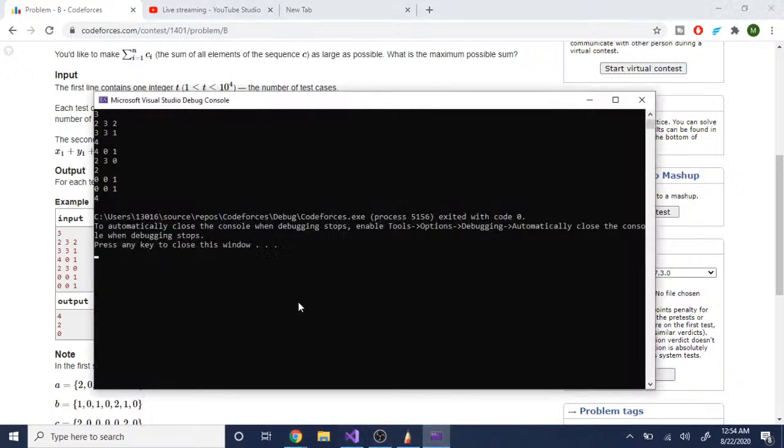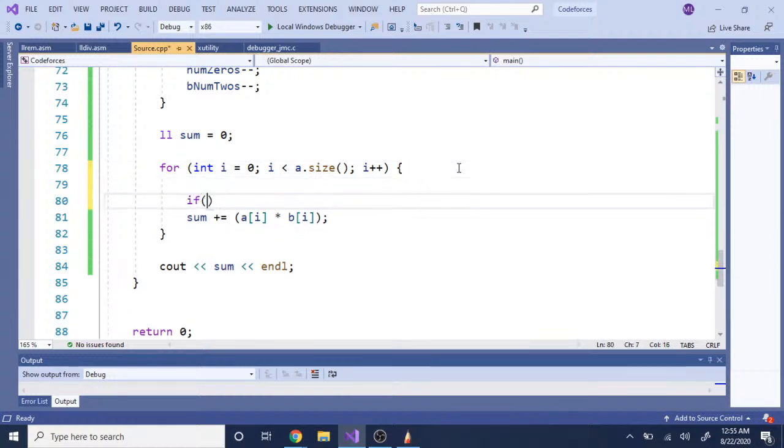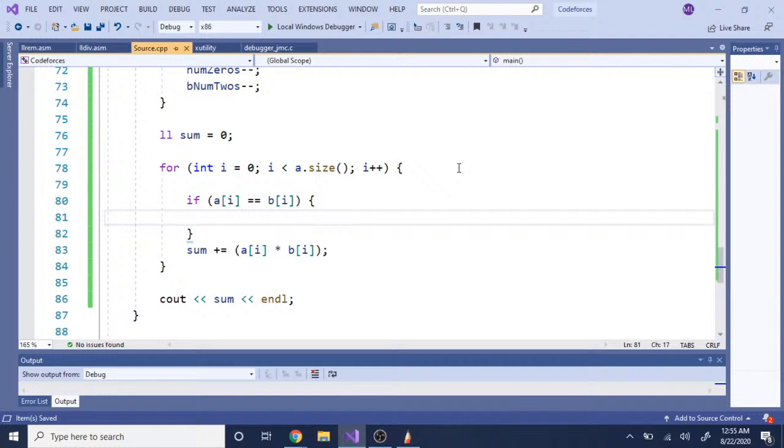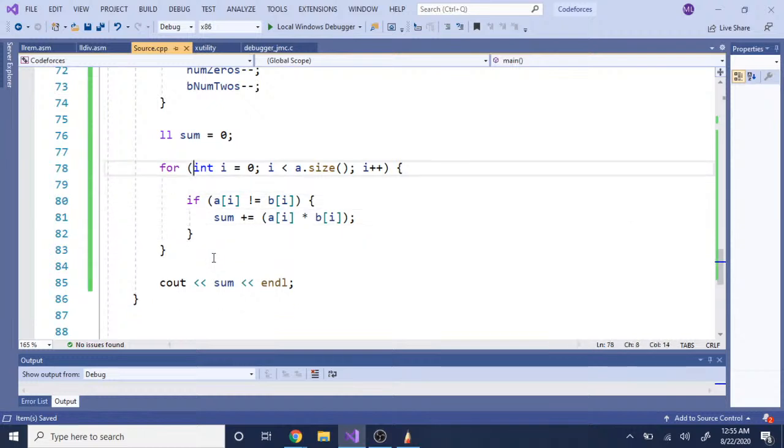The third one is bad because we have to actually check if they're the same. So if a at i is equal to b at i, then we actually sum up to 0. Actually, it's better if we just don't sum it if they're equal. So if they're not equal, we'll sum it. If they're equal, we don't sum it. So yeah, that's actually much easier to read.